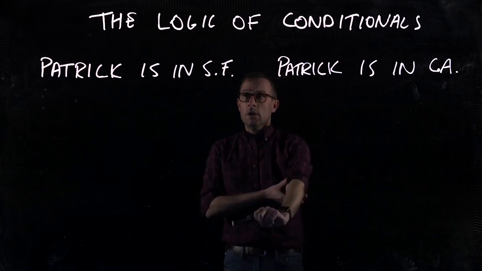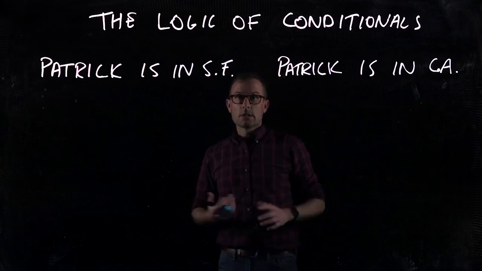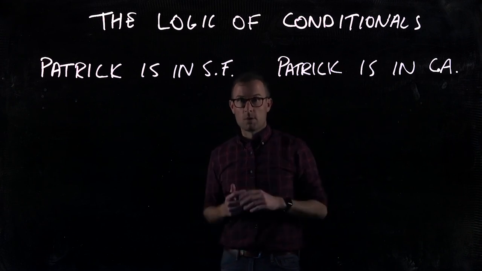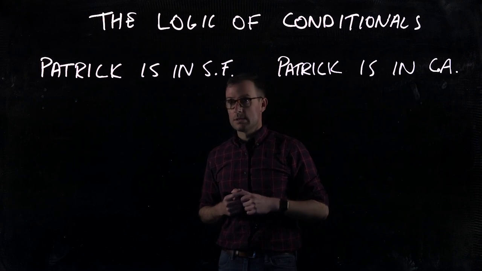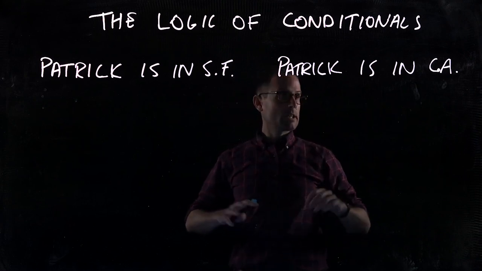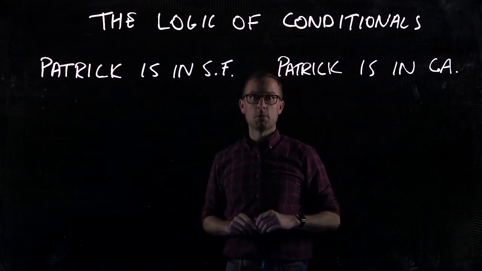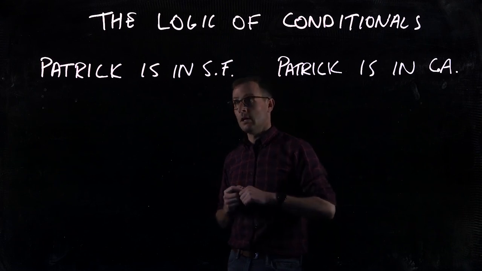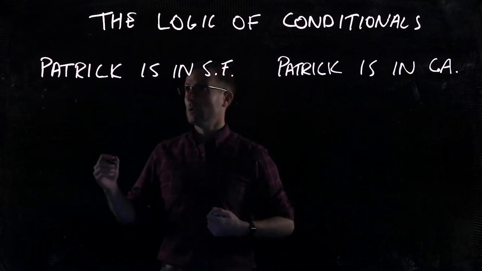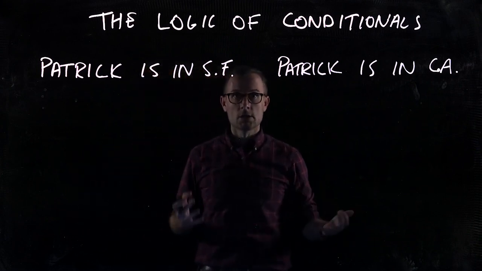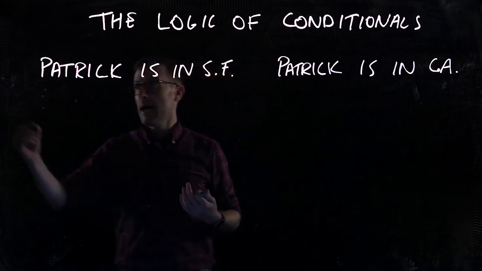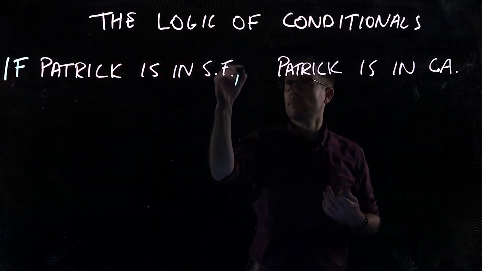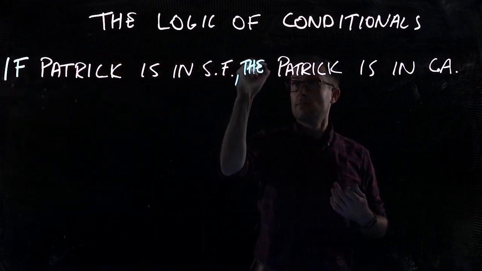Now we can introduce some connective words, some operator words as we're going to call them, to express this relationship between these two simple propositions. All we need to do to make this a conditional proposition is add the words if and then.